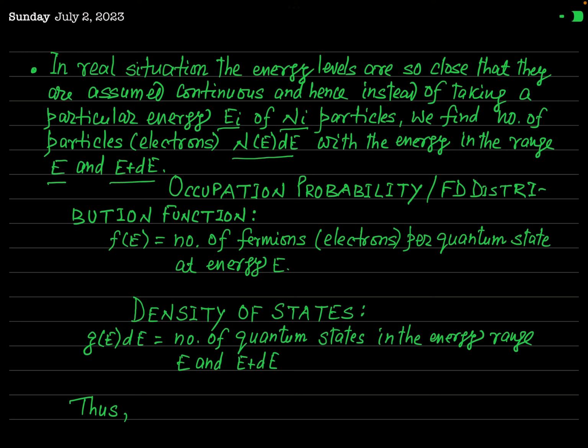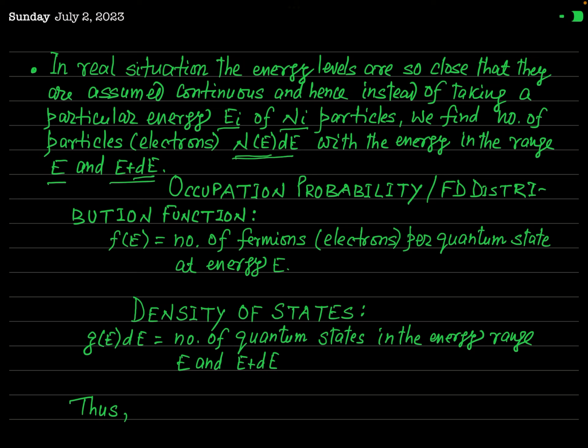We do not label the energy level, but we talk about an energy range. If this energy range dE is very small, this number will also be small, and N of E dE will then represent the number of electrons or fermions having energy between E and E plus dE.